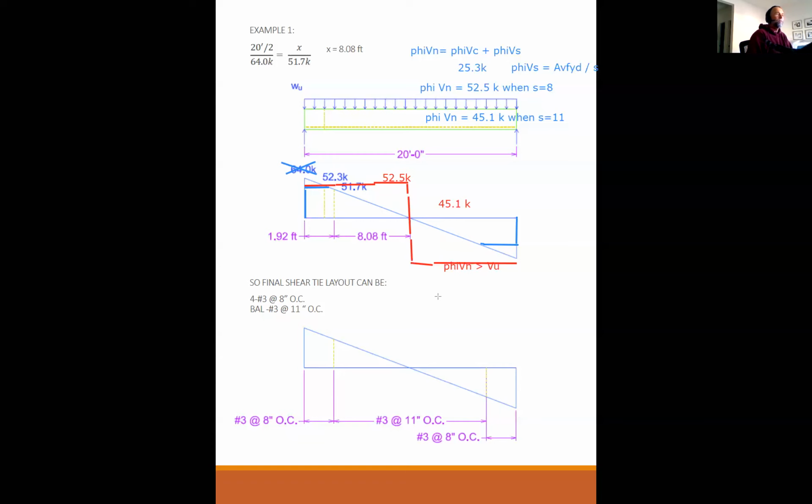You wouldn't have any drops. But you're kind of wasting steel because you have all this area over here where you're providing way more capacity than you have demand for. So that's why typically in design, we will drop them into tiers so that you're saving some on steel where you don't really need the steel anymore.